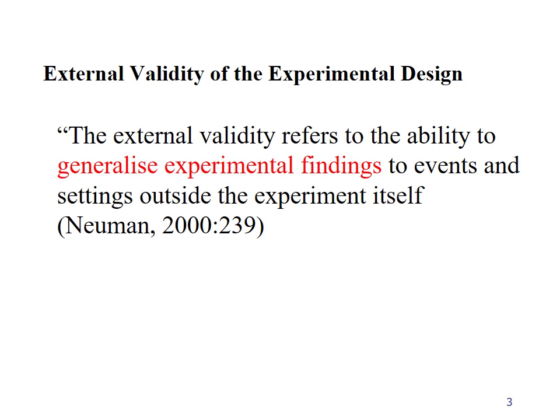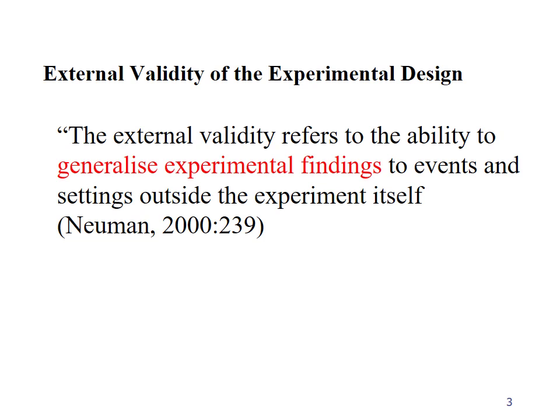So if you are a teacher and you have experiments with your students to measure the effect of extra reading on the development of reading skills, and you found in your experiment that giving students extra reading at home, for example, improves their reading skills.